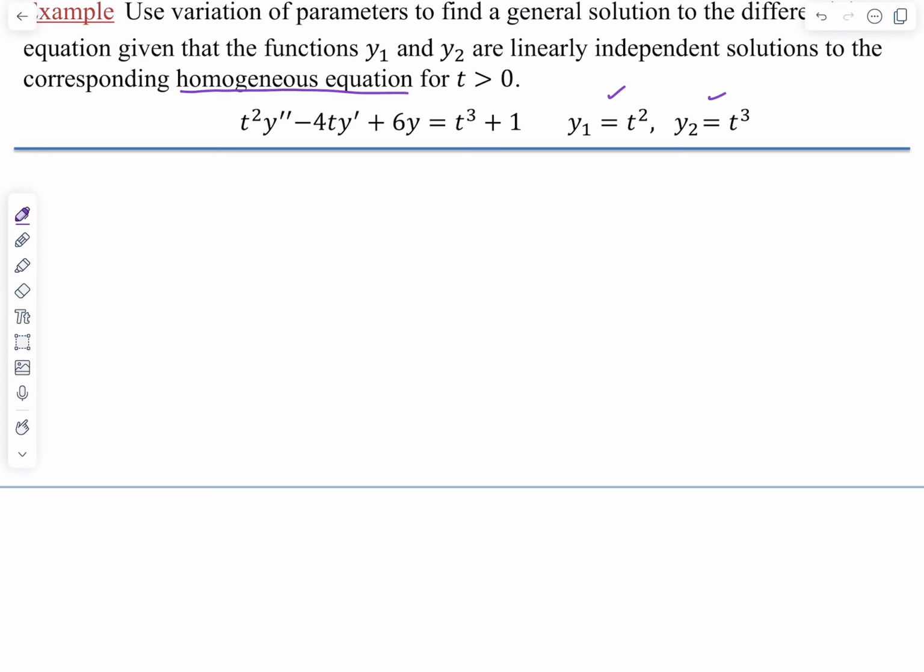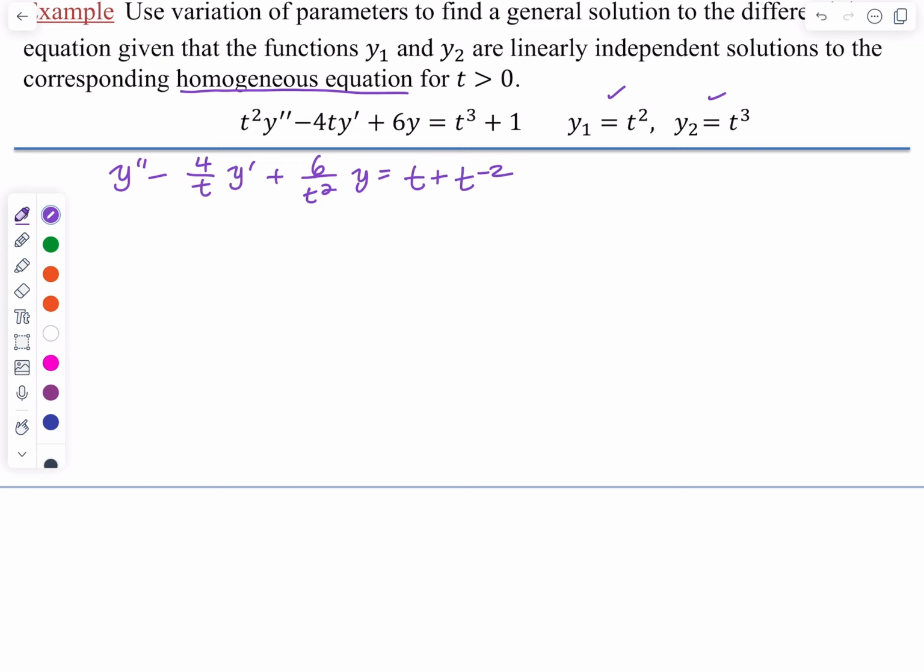We will divide every term by t squared, and we will come up with y double prime minus 4 divided by t y prime plus 6 divided by t squared y is equal to t plus t to the negative 2.